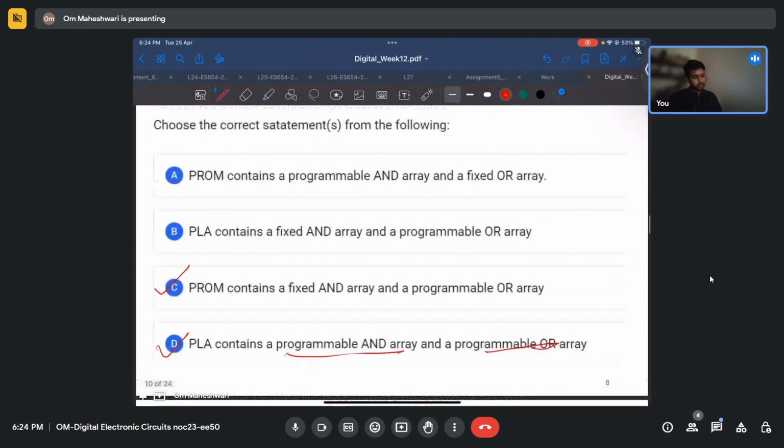And PROM contains fixed AND and programmable OR. And there's another thing, PAL contains fixed OR programmable AND. So these two are correct options.